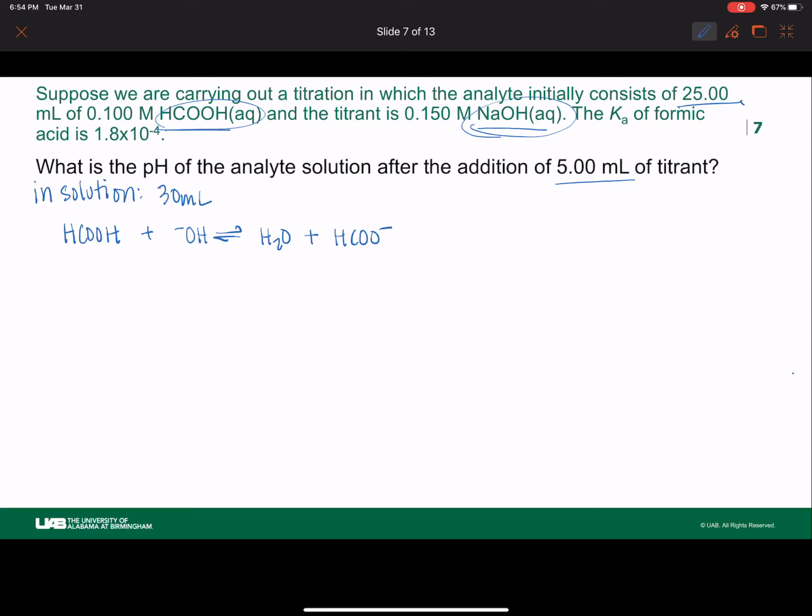So we're going to have to take a minute, figure out the moles of HCOOH, and then figure out the moles of NaOH. You have both a volume and a concentration of the base. You have both a volume and a concentration of the acid.